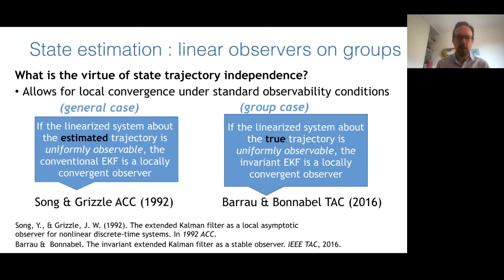So if the initial error is sufficiently small, then it goes to zero. And we don't have to assume anything about the behavior of the error to prove that. The only assumption we need is the observability assumptions of the linear case.